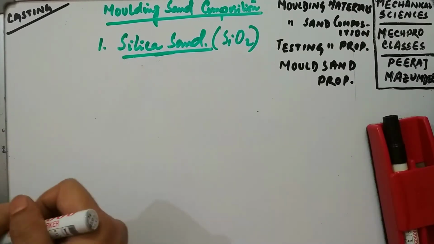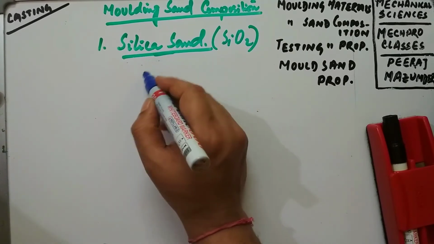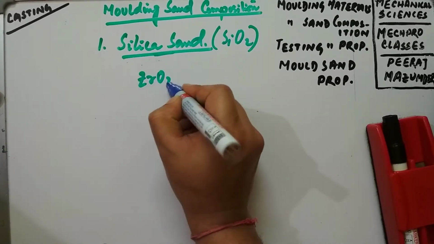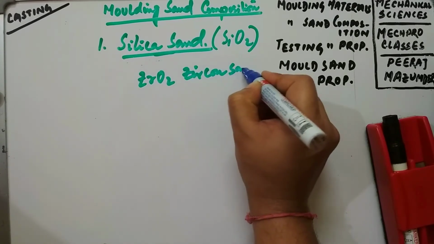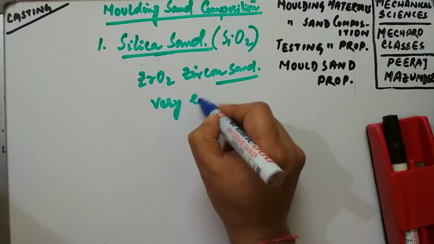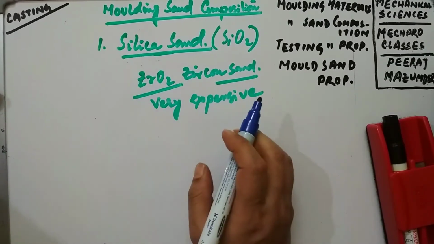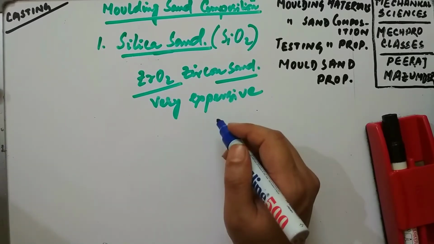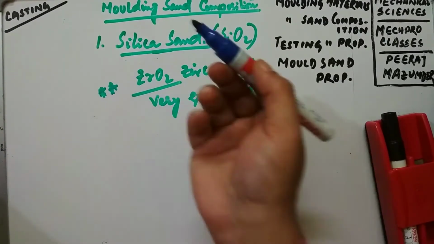Okay, now one or two things I would like to discuss again about this silica sand. We have already discussed zircon sand, ZrO2. Zircon is very expensive, so we are not going to use it generally. It is used for some special purposes that I want to share with you, because it is very important, as they may ask you about it in competitive examinations.